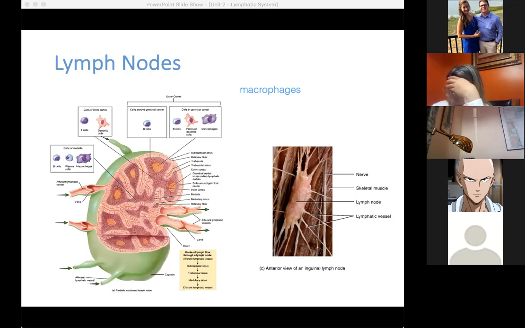Okay, so they're basically like filtering out any foreign stuff, any foreign invaders, bacteria, any kind of microorganism, removing it from the lymph as the lymph is passing through these lymph nodes.